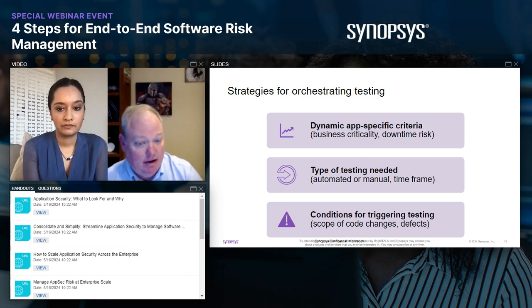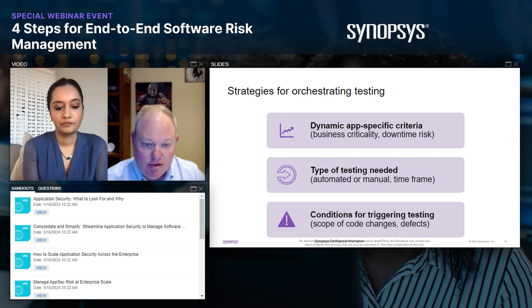There's also the type of testing needed, in terms of automated or manual, and really time is a true limiter, right? People do not want to integrate security testing that takes hours to run into a build process. They're not going to delay a build for a security test that maybe takes hours to run.